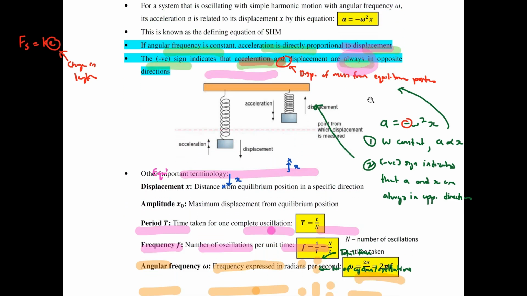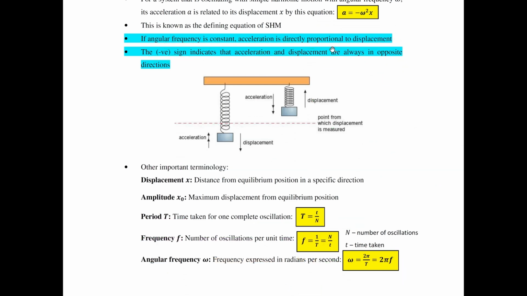Now, there will be a new quantity here that you will see called angular frequency, omega. Angular frequency omega is defined as frequency expressed in radians per second.